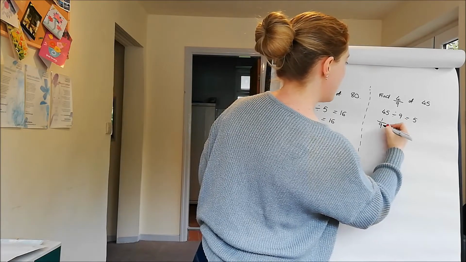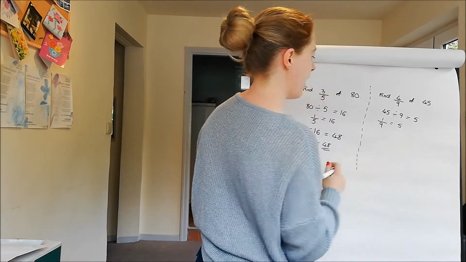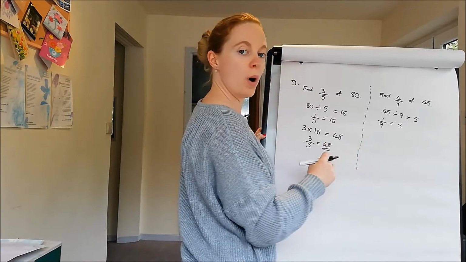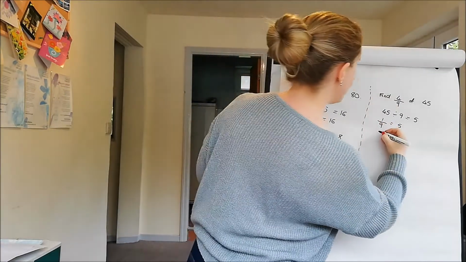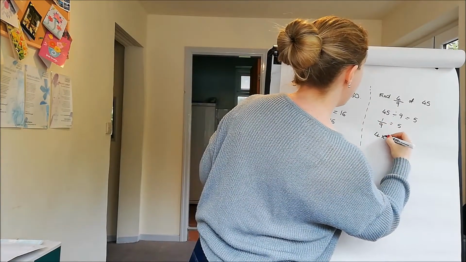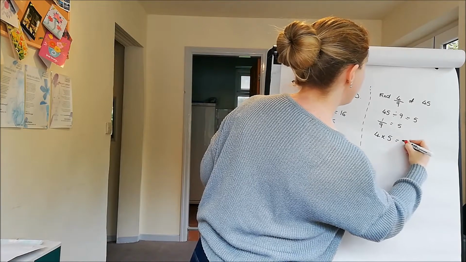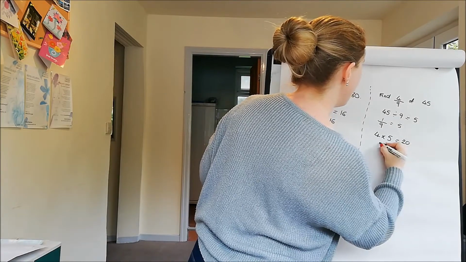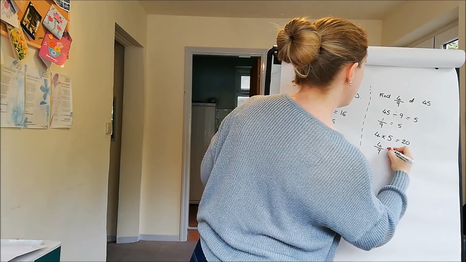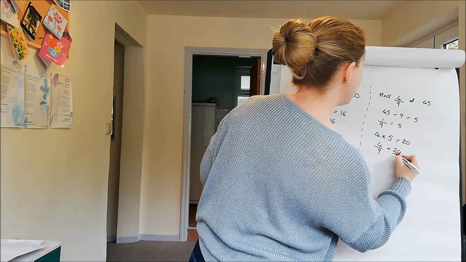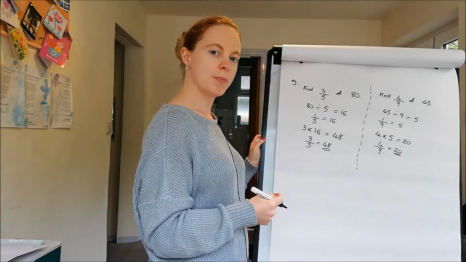So 1/9 equals 5. But I don't want 1/9, I need 4 of them. So I'll now times that 5 by 4 to give 20. So that 4/9 of 45 equals 20.